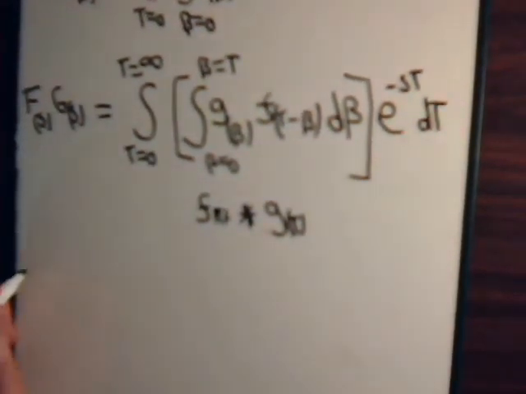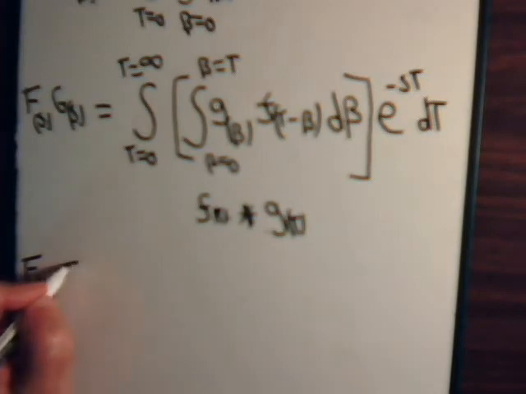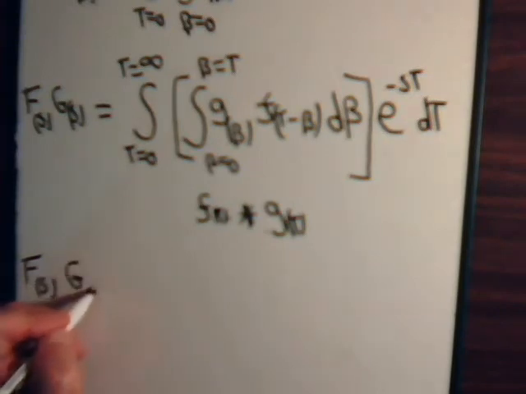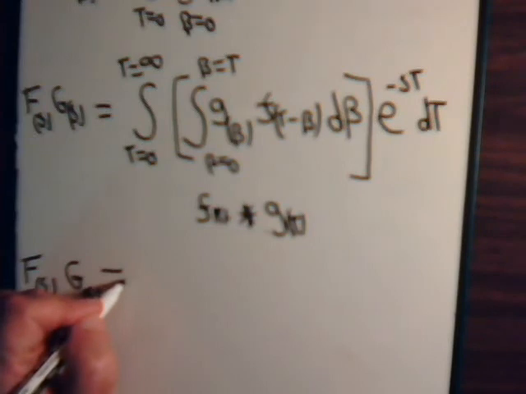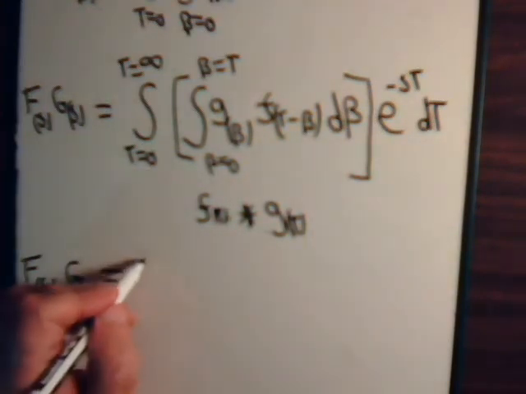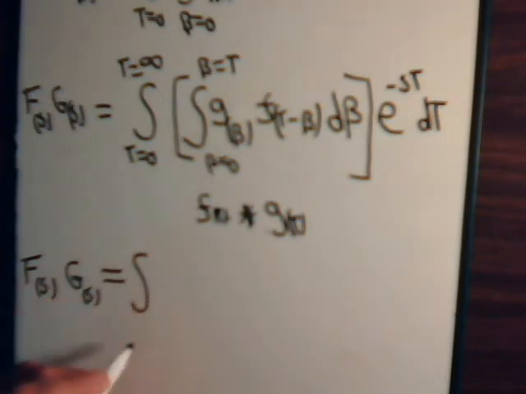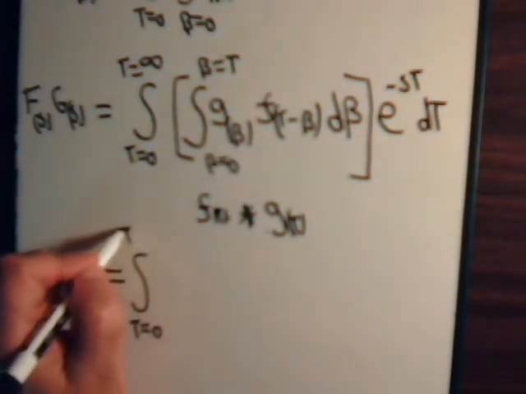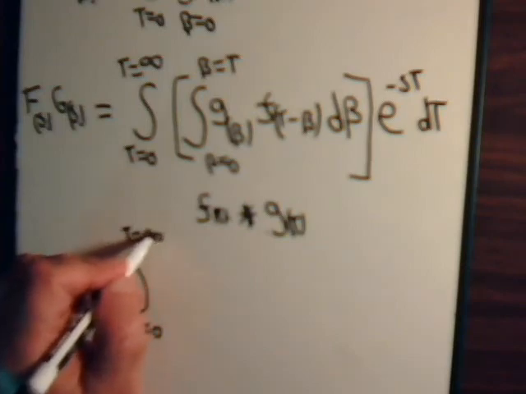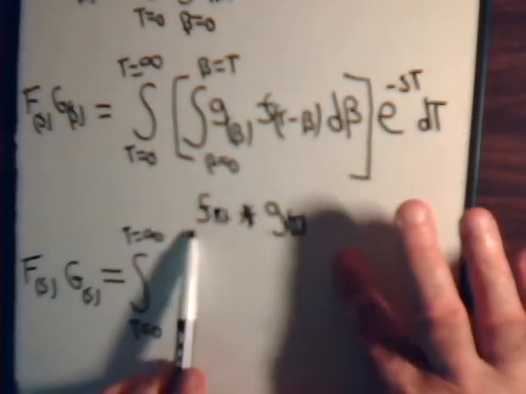We have f of s times g of s equals what? Well, we have this integral sign, t equals 0 to t equals infinity. This integral is just this.